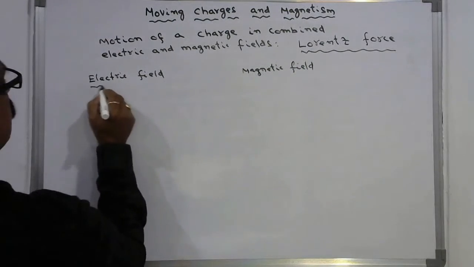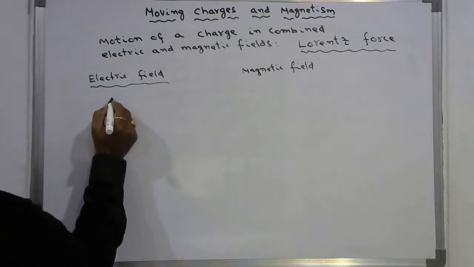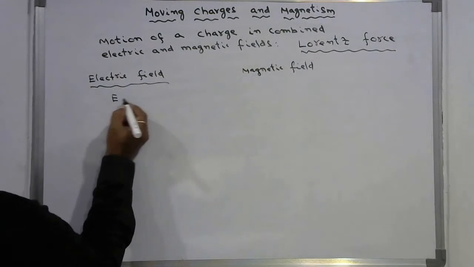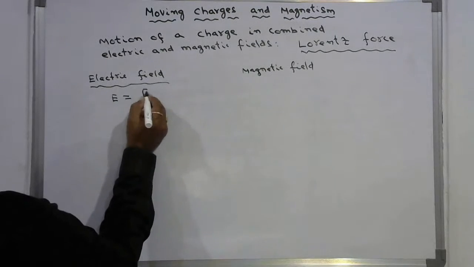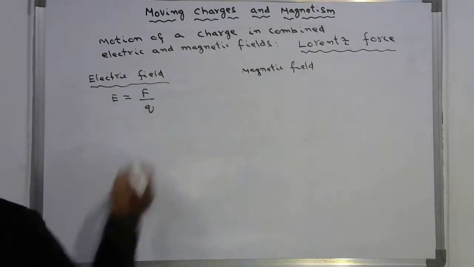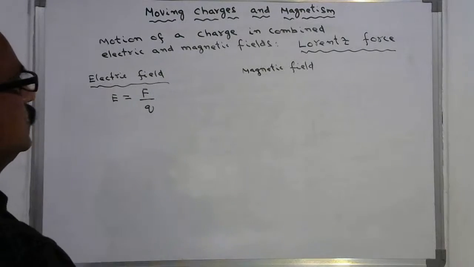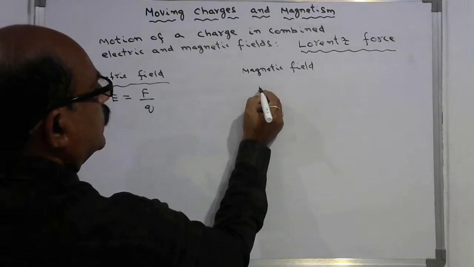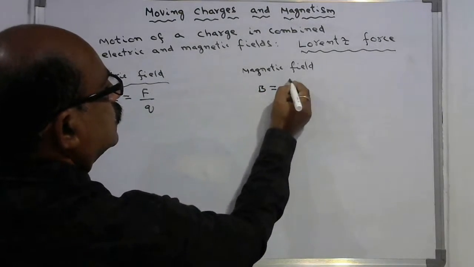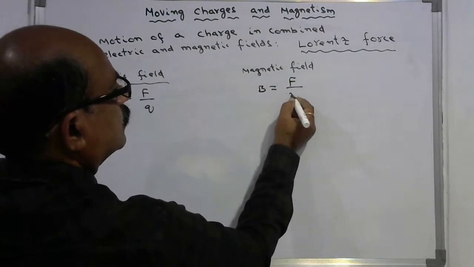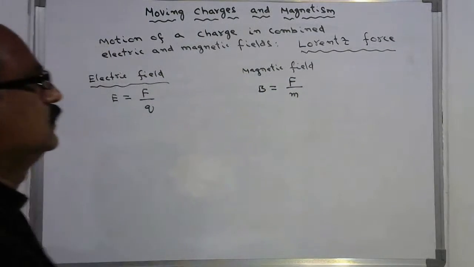In an electric field, we know the electric field intensity is equal to the force acting per unit positive charge. But in the case of magnetic field intensity, it is the force acting on a unit north pole.